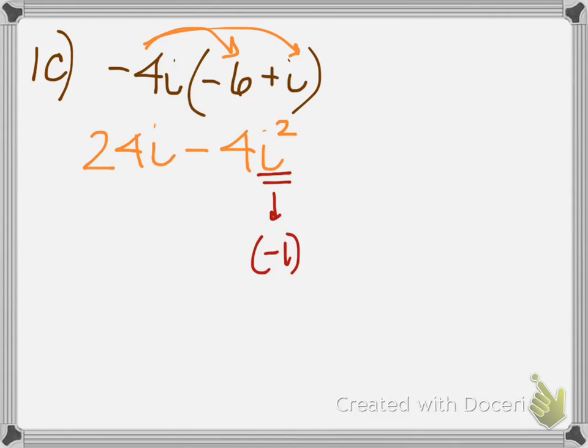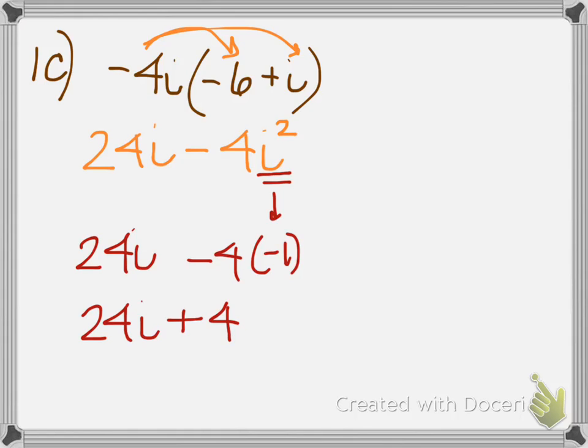So instead of negative 4 times i squared, I have negative 4 times negative 1 with the 24i out front. So simplify 24i, and then negative 4 times negative 1 makes a positive 4. And then if we want to write it in the correct form, we should have the imaginary number in the back, so we have 4 plus 24i.